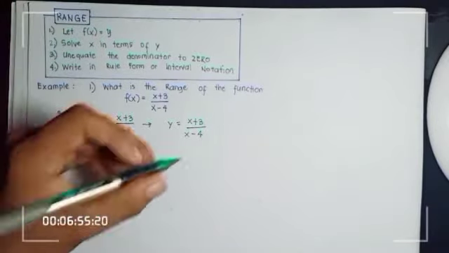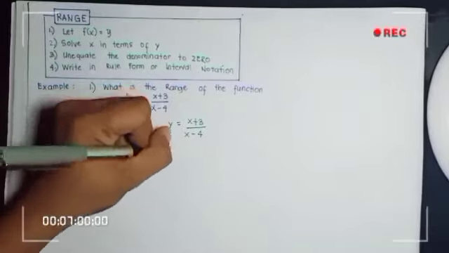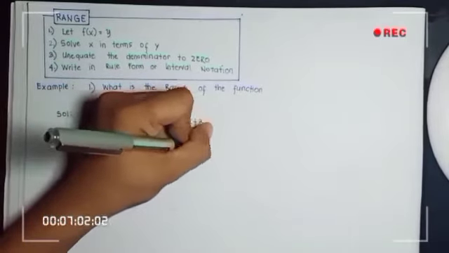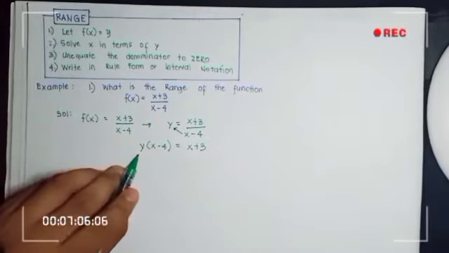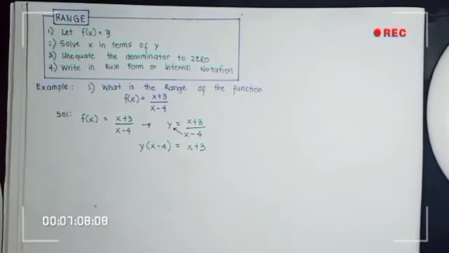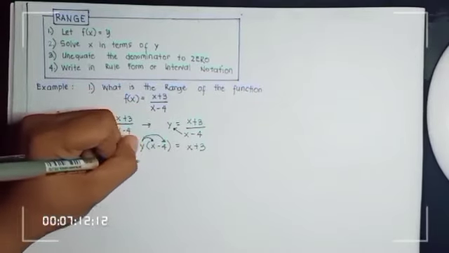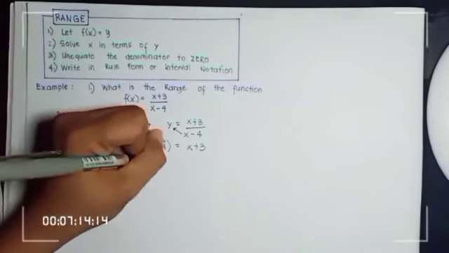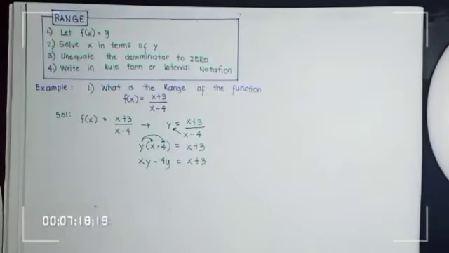Next, we have to solve x in terms of y. The first thing that we do is to cross multiply. We have y times the quantity of x minus 4 equals x plus 3. Redistribute y, we have xy minus 4y, and copy x plus 3.